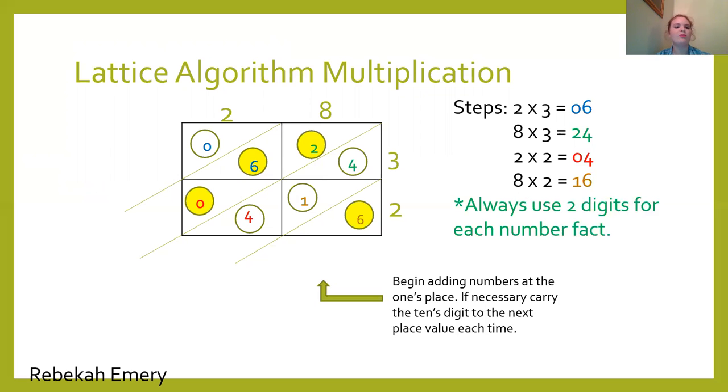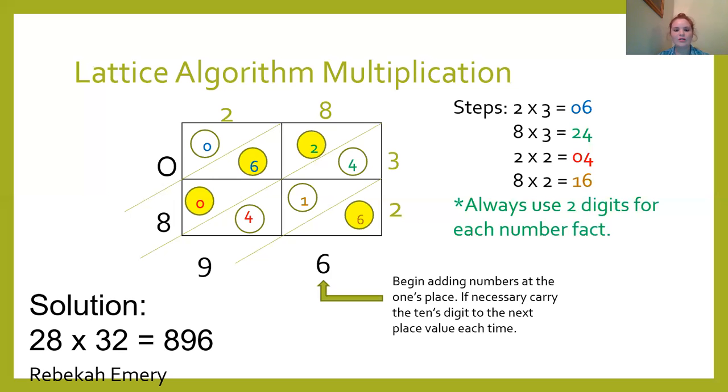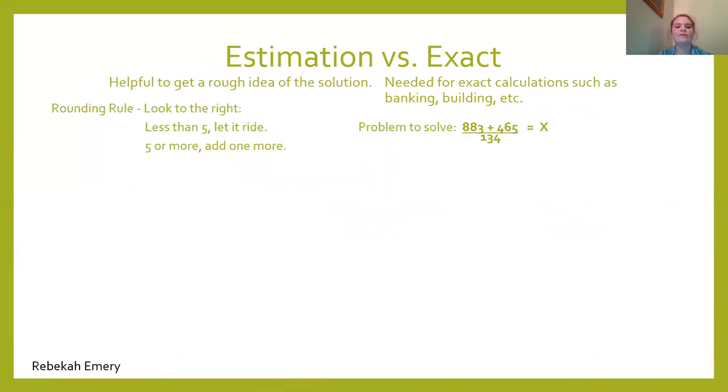If we were to have a sum that exceeded 9, we would carry the tens digit to the next column. 6 equals 6, 4 plus 1 plus 4 equals 9, 2 plus 6 equals 8, and 0 equals 0. And our solution, the row totals read from left to right, is 28 times 32 equals 896.